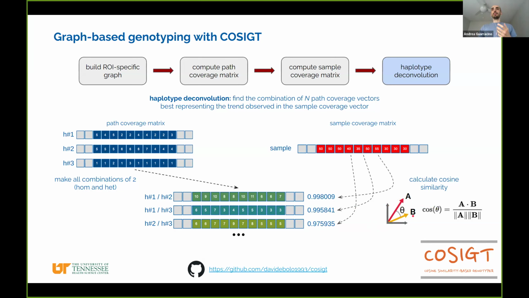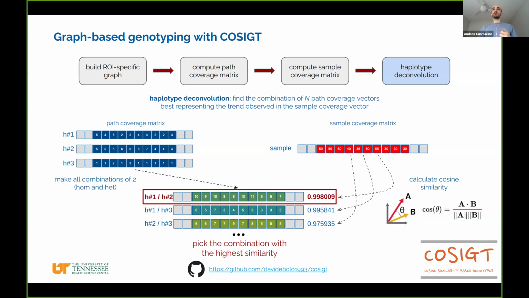So we are computing this cosine similarity against our sample coverage vector. To remind you, this vector indicates how many reads map against each node, so it's information about your short read sample. We are comparing this vector against this vector here, which is the sum of 2 path coverage vectors, that is information that is in the pangenome. So we are comparing sample information with pangenome information.